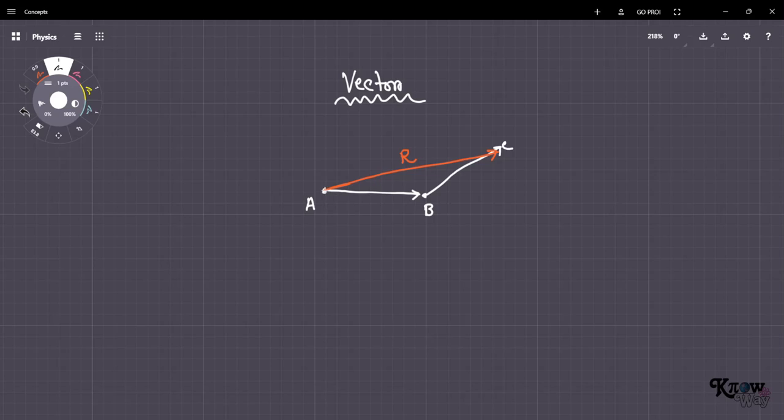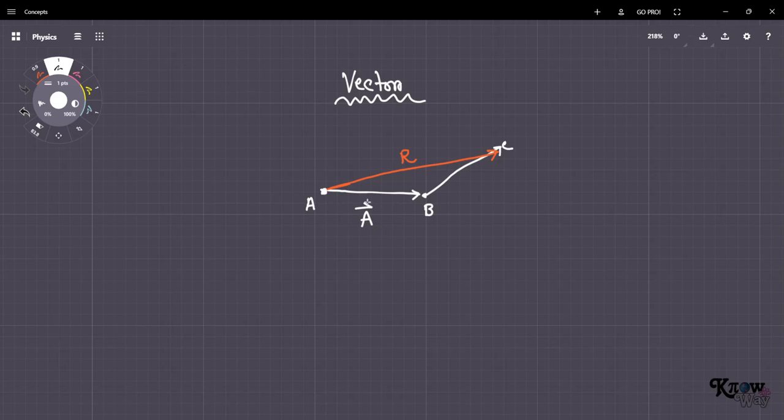When we went from A to B in a particular direction, in a particular magnitude, there is a magnitude present here. We're also quantifying a direction. So this line here is a vector, and we can say it's vector A.